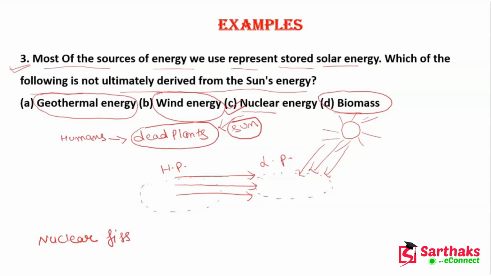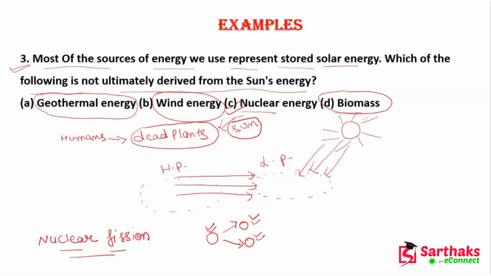In nuclear fission, one nucleus divides into two other nuclei. Here the mass of this nucleus is not the same as the sum of the masses of these two nuclei. So the initial and the final mass are not the same. This is known as mass defect.